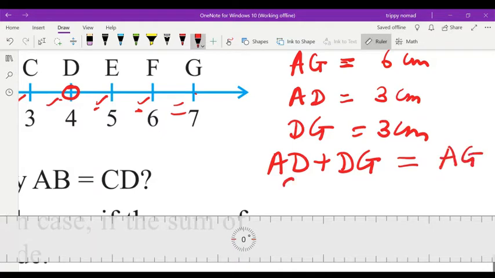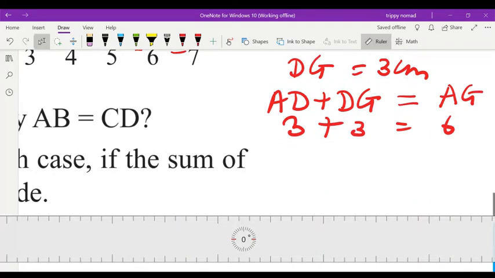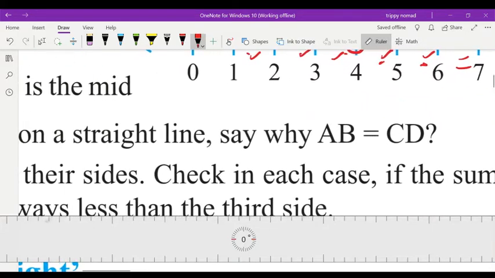Why? Because 3 plus 3 is equal to 6. Therefore, what is it reflecting? You will write D is the midpoint of which line segment? AG. Okay children, I hope everybody is understanding this.